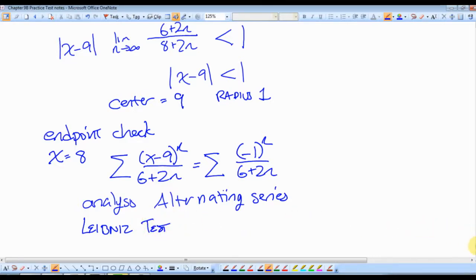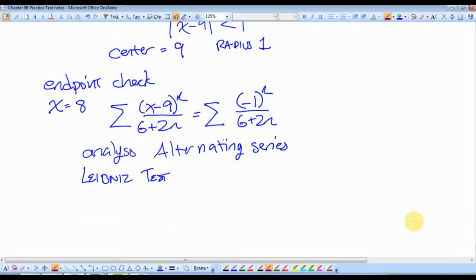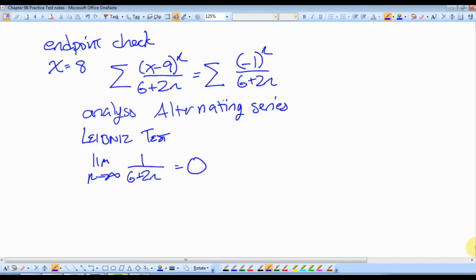Did you just choose a random test? That's the alternating series test. Alternating series test. Okay. The limit as n approaches infinity of 1 over 6 plus 2n equals, oh, how about that, is equal to 0. Is there an absolute value on that? No. On the alternating series test, is there an absolute value? Yeah. Therefore, converges.